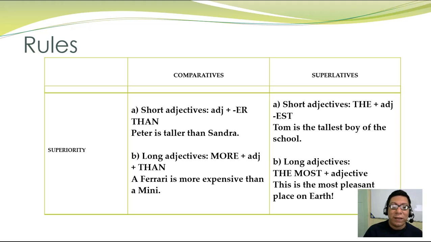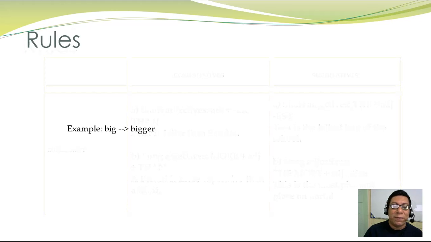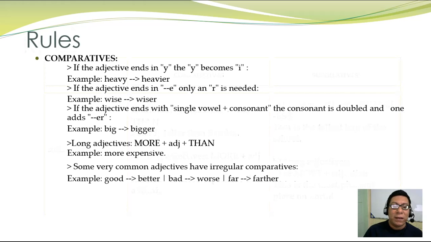Okay, we have the degree of superiority, and we have to remember the rules. For example, the first rule is if the adjective ends in y, the y becomes i, and we add er. We have the example heavy, heavier. Another example will be happy, happier, angry, angrier.